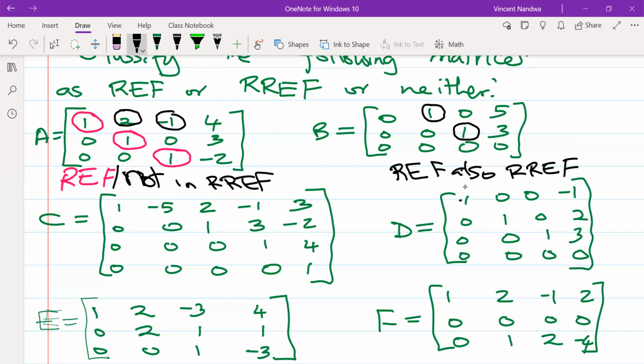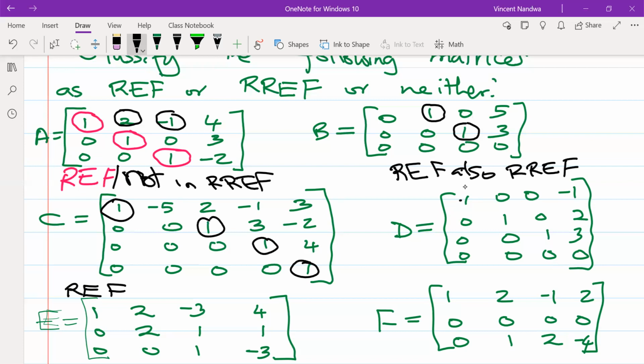So this is in row echelon form. This is 1, this is 1, this is 1, this is 1. So there's no row that has all the elements zeros, and the leading ones from the second row up to the last row can always be taken to be on the right with respect to the leading one on the top rows.